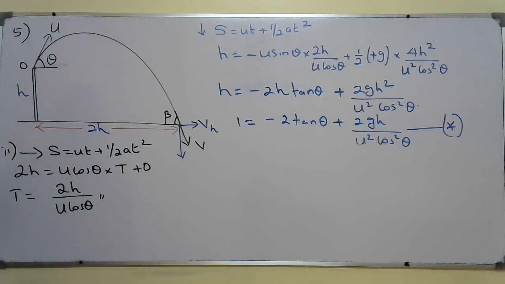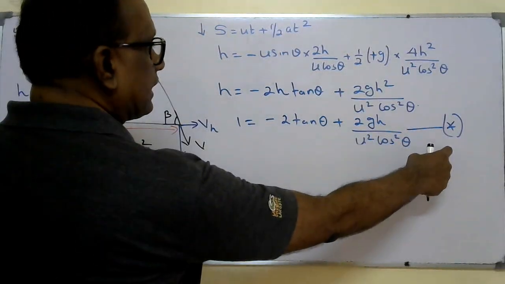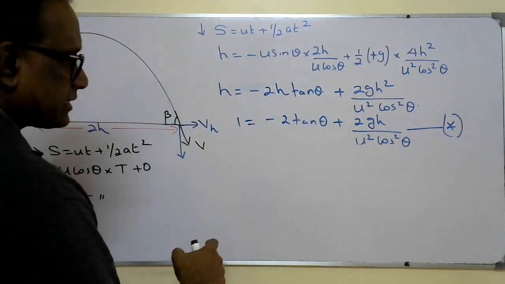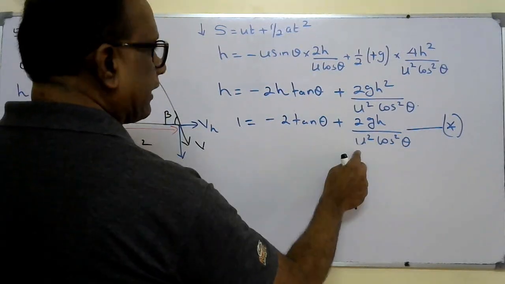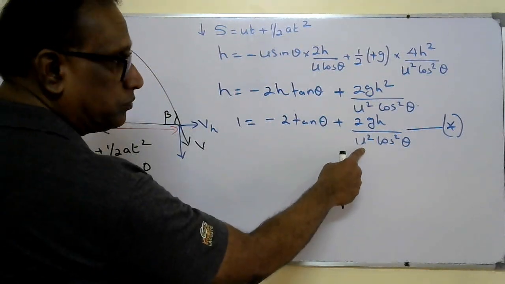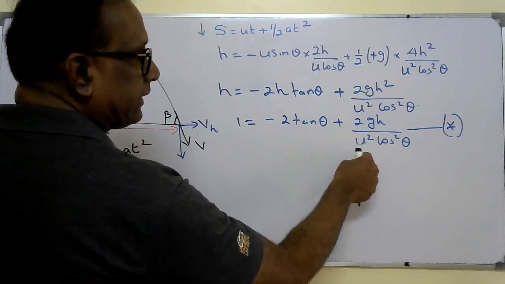Okay, so from the starred equation, you can see u squared cos squared theta here. So I think I can get u squared. I have to eliminate u, but including the cos squared theta, I can get it.